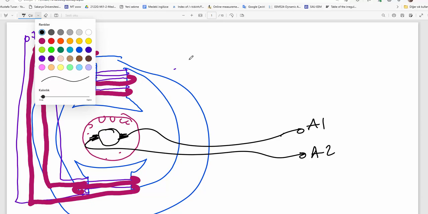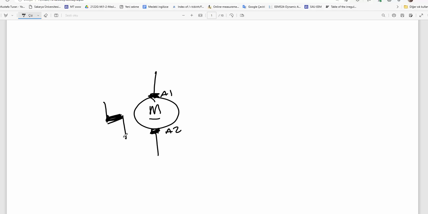You remember the connection diagram. Motor DC, that is the armature having A1 and A2 terminals, and here is the shunt winding, F1 and F2. We generally connect the first letter to the positive terminal, so I have connected F1 to positive. That is a thumb rule, not a strict rule.